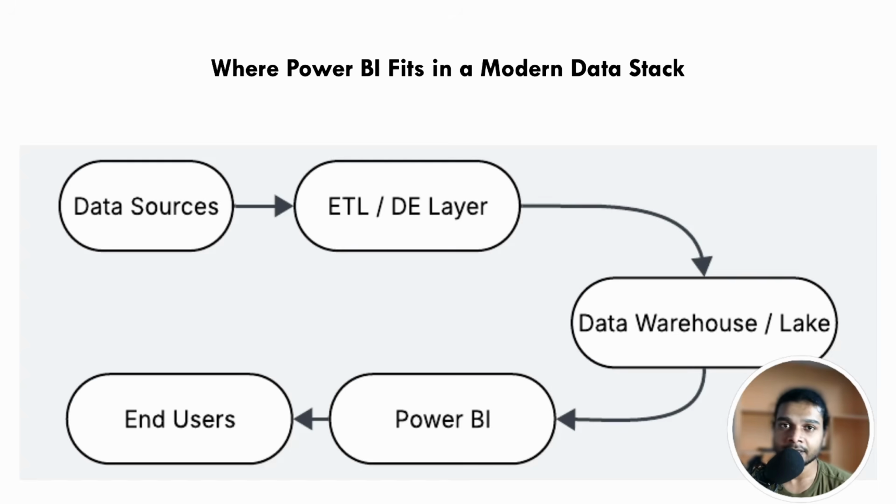And in that case, we have something called gateway. We install a gateway service to make these on-premises files or databases able to connect to Power BI service. So it basically works as a bridge between on-premises data source and Power BI service.